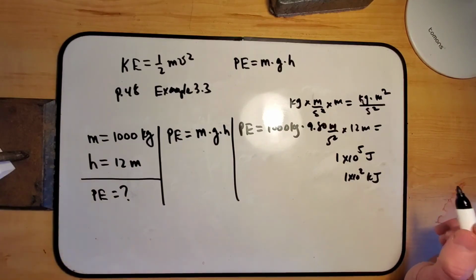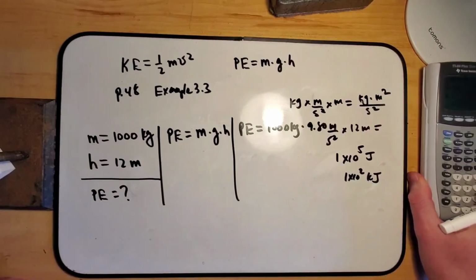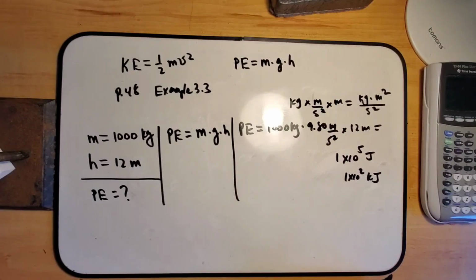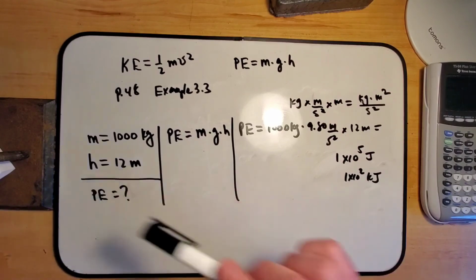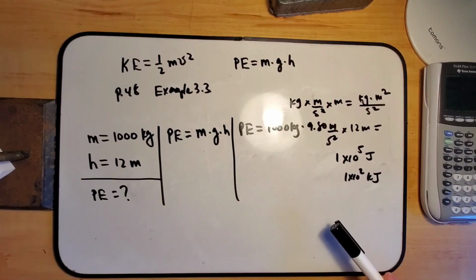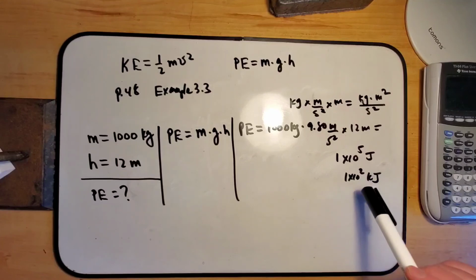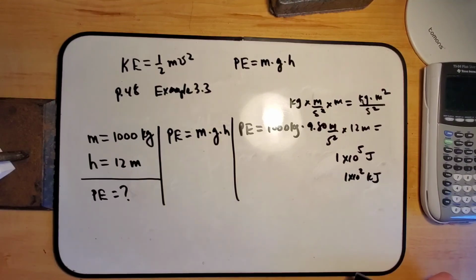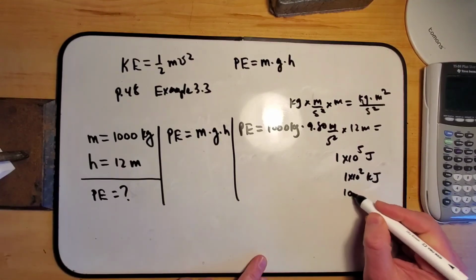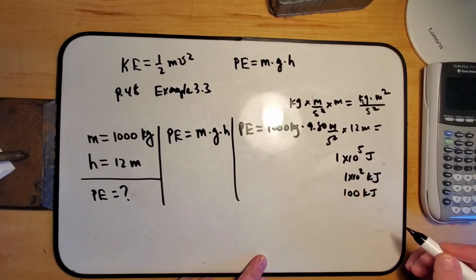And again, I already showed you guys in this video how to do the conversion, so I expect you guys can do it. So now, what's the difference? The difference here is that once you elevate this vehicle of 1,000 kilograms 12 meters up in the air from the ground, potentially it can release 100 kilojoules of energy.